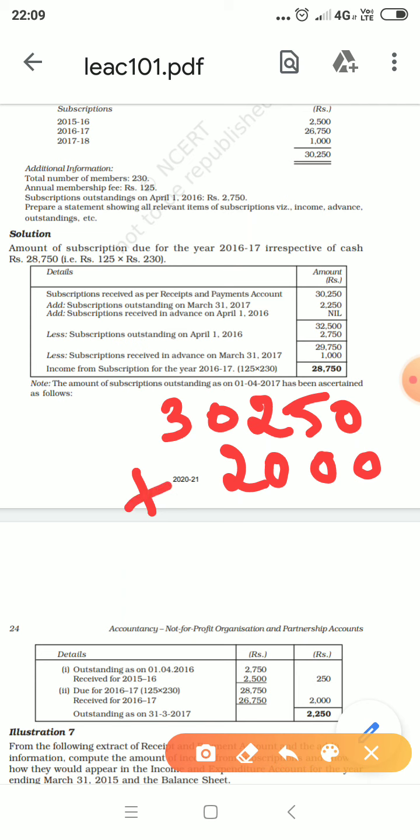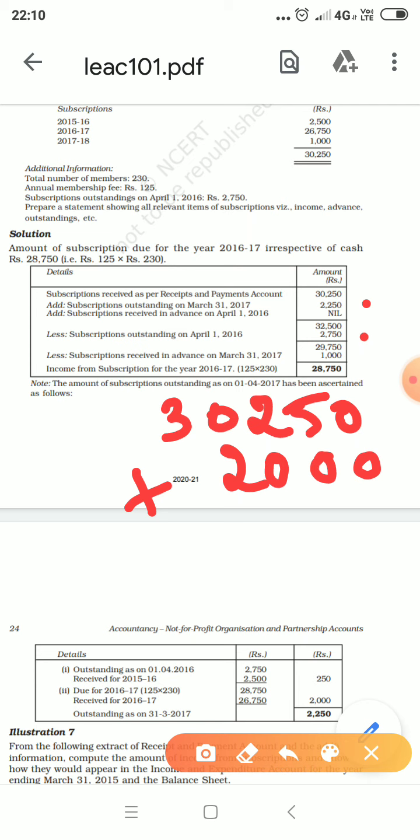Then what do we have to subtract? Previous year's outstanding received during current year. What is the previous year's outstanding received during the current year? 2,500. See children, they have taken 2,750. It is a different formula.